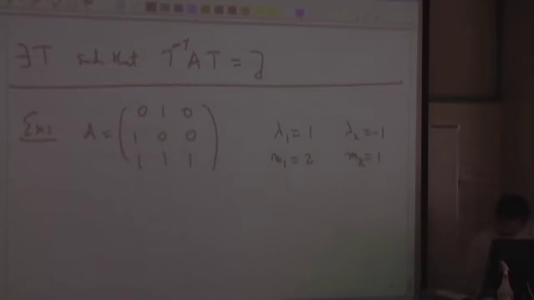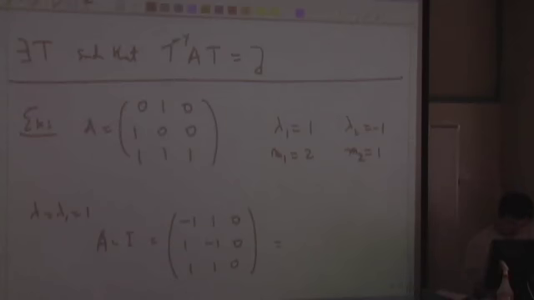Then we end up with, for lambda equals lambda 1 equals 1, what's A minus identity? So that's the B matrix, A minus identity. Minus 1, 1, 0, 1, negative 1, 0, 1, 1, 0. Okay? What's the rank? What's the rank? Why is it 2?